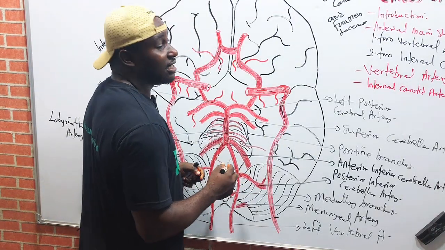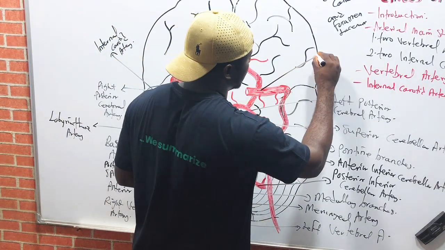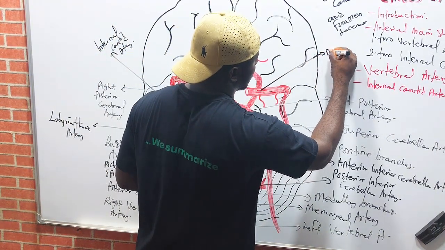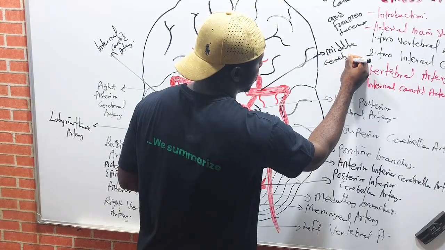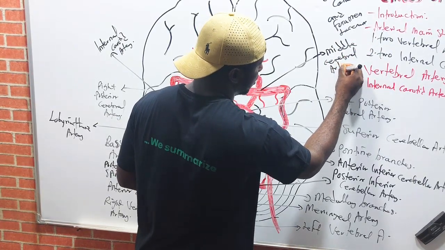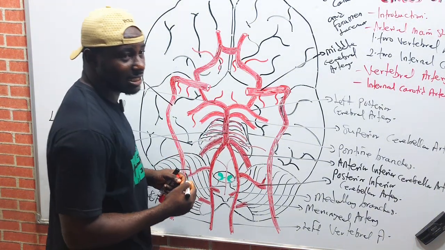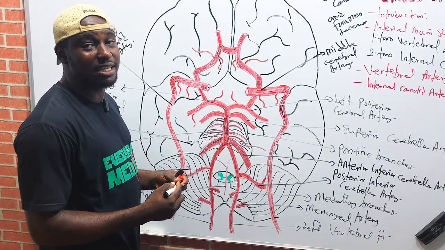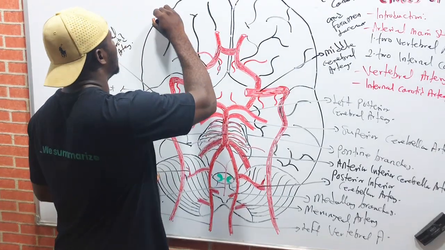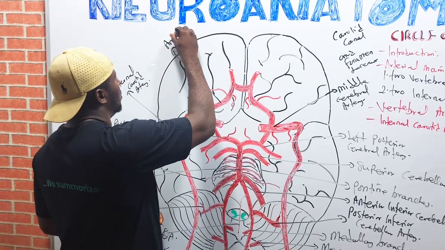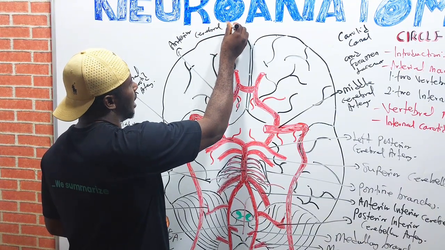The first is the middle cerebral artery. Look at it here. The next branch, and that is the smaller one, is the anterior cerebral artery. This is the anterior cerebral artery.